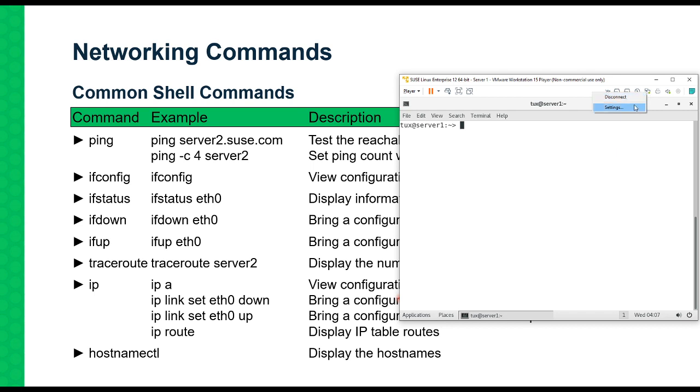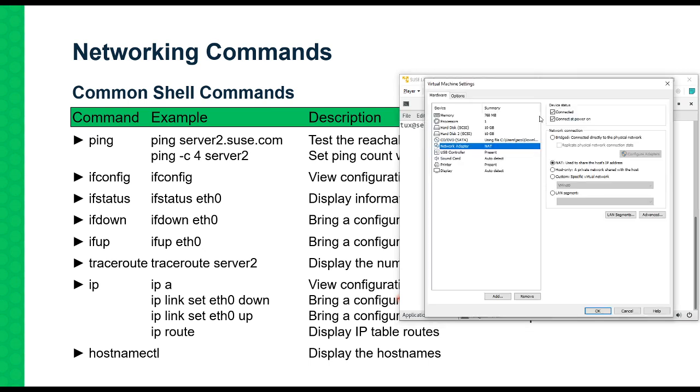When it comes to our VMware Workstation, click settings, and ensure that our network adapter is set to NAT. So this shares the host's IP address, meaning the computer which you are running the VMware Player on. It will share the same networking address there, but it creates an internal network for us to communicate between the servers.